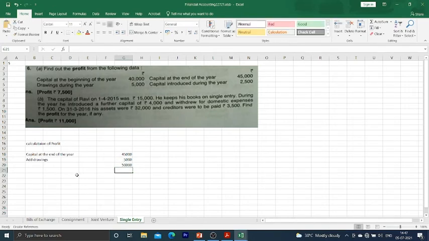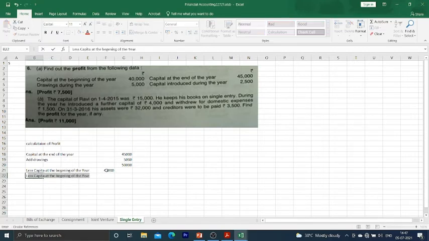From this, we have to deduct the capital at the beginning of the year, 40,000, and capital introduced, 2,500.